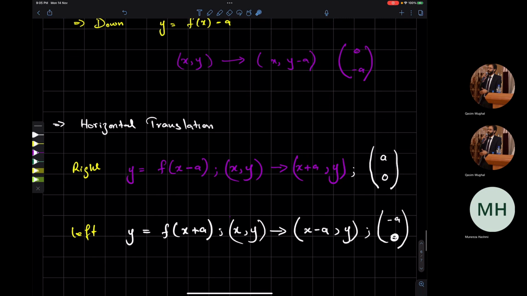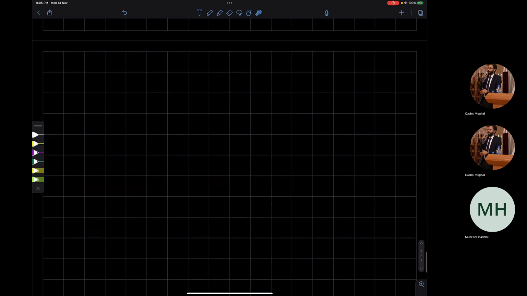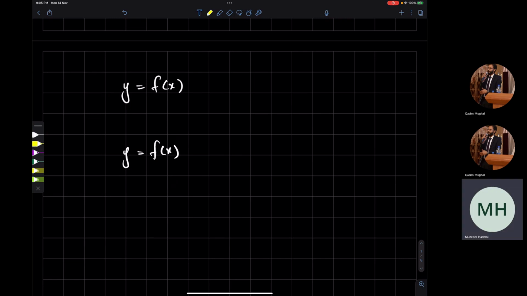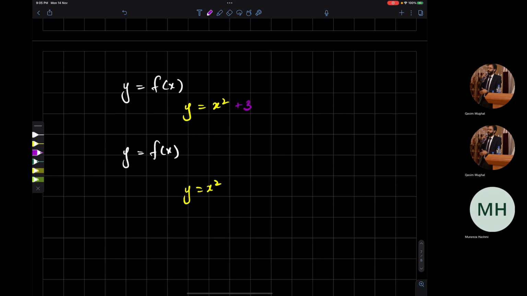All right, now just to clarify, what do we actually mean by adding in y and adding in x? Now, y equals f of x, and I'm going to take an example for each of them as y equals x squared. If I'm adding in y, it means I'm adding outside the function, or maybe even subtracting.